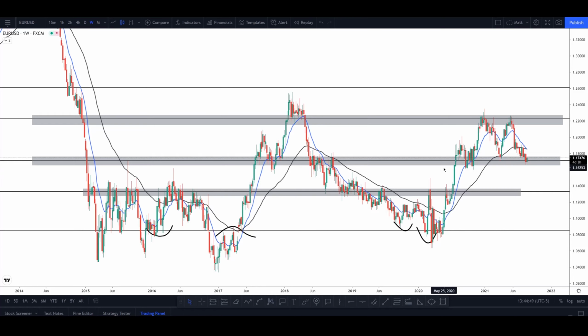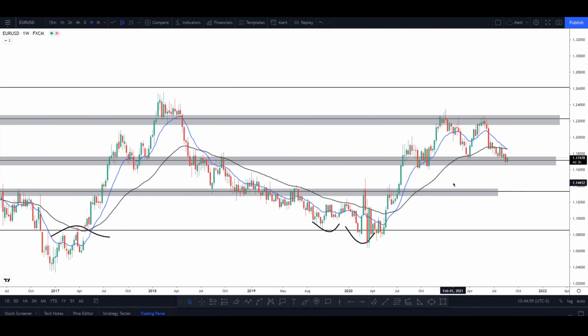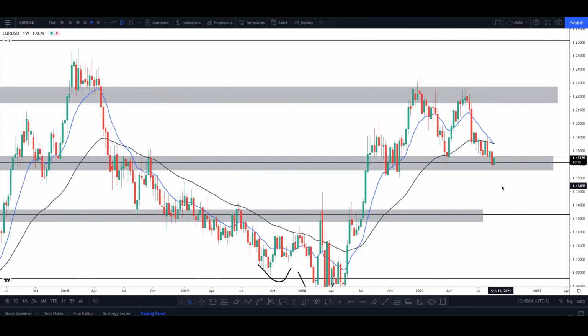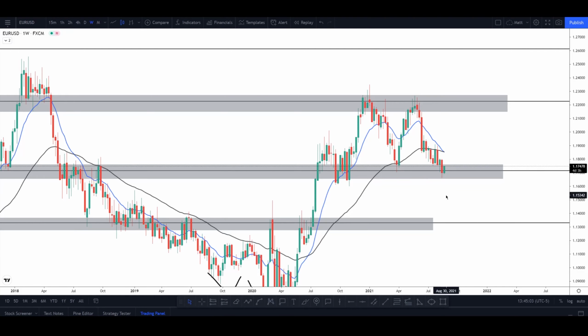Now, the last thing that I wanted to point out after drawing this on the weekly chart is, okay, what if I want to have multiple levels of support and resistance? So I don't just want to use the weekly chart, but I also want to use, let's say, the 4-hour chart.